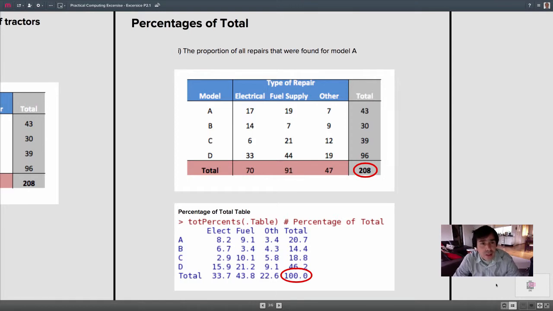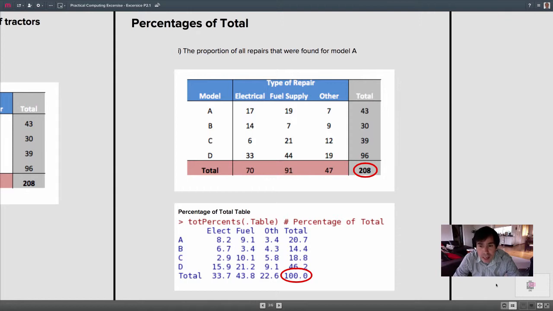Okay, let's have a look at the question. The question is, what is the proportion of all repairs that were found for model A? For model A, and for each model, we have 3 types of repair. For model A, we have electrical repair, which is 17, fuel supply repair, which is 19, and other repair, which is 7. And the total is 43. To obtain the proportion, we need to divide 43 by the total number of repairs, which is 208.